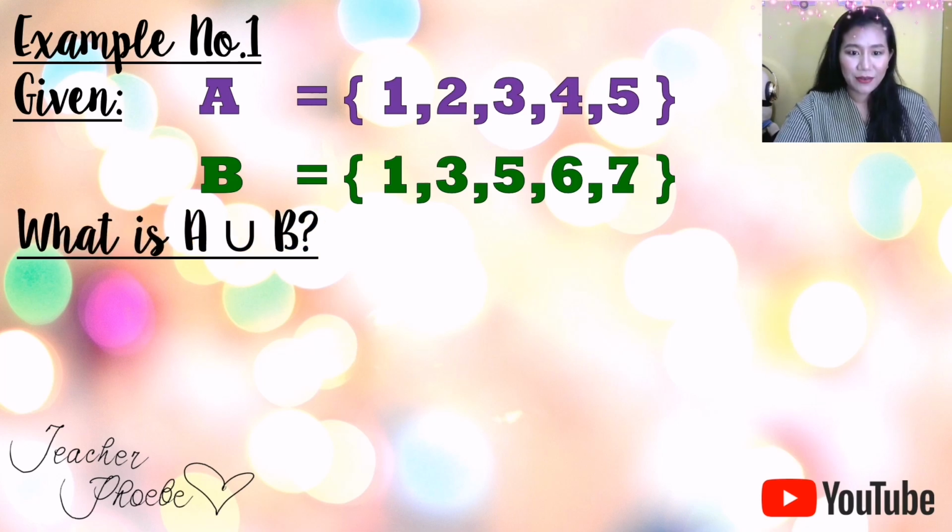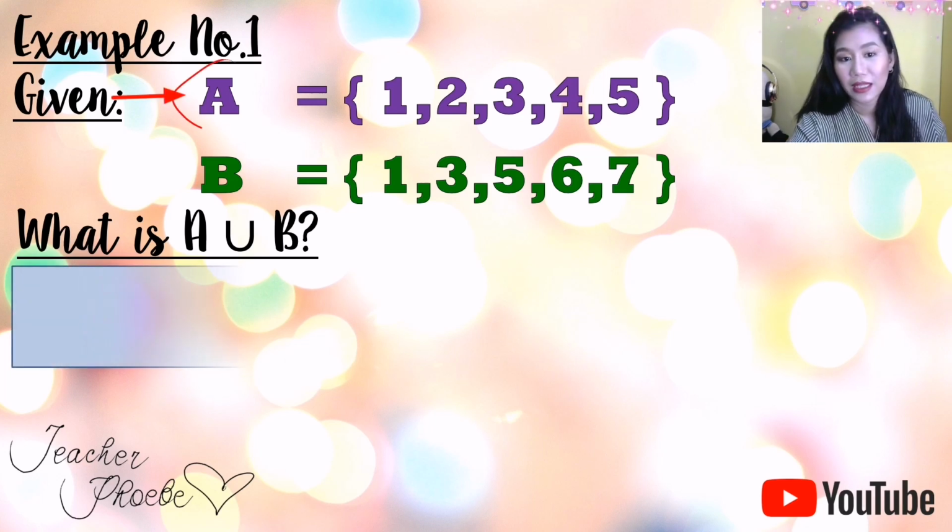What is the union of A and B? Based on the definition a while ago, getting the union of sets A and B is listing down the elements that are found in A and in B. So getting the union is just simply listing down.